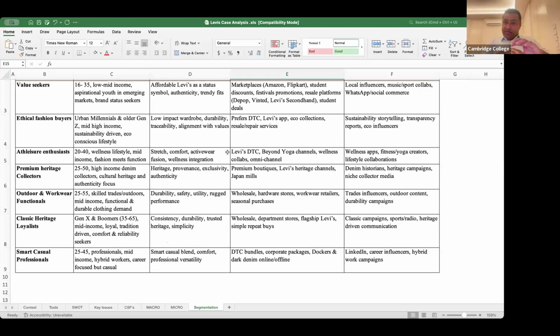So that segment still continues. People who do blue collar work still wear a lot of jeans because they don't want to get wounded and damaged. So especially in the West, and of course in cold climates, you wear jeans so that you don't feel the cold. Classic heritage loyalists, and you have the smart casual professionals.